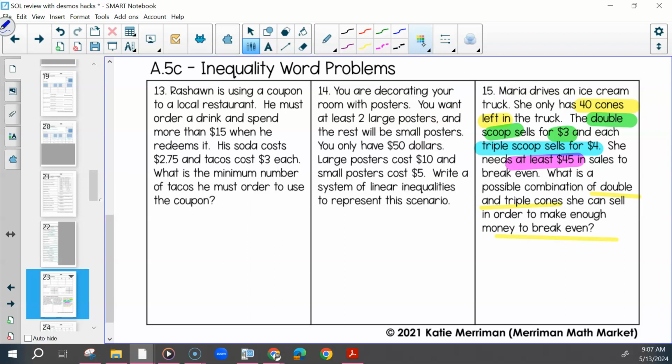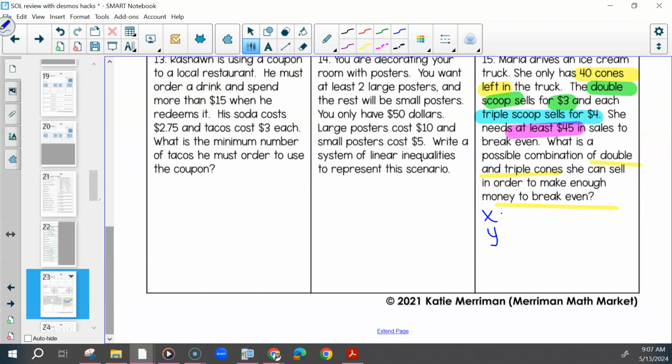I'm going to use X and Y. You can use whatever variables. So X is the number of double scoops, Y is the number of triple scoops.